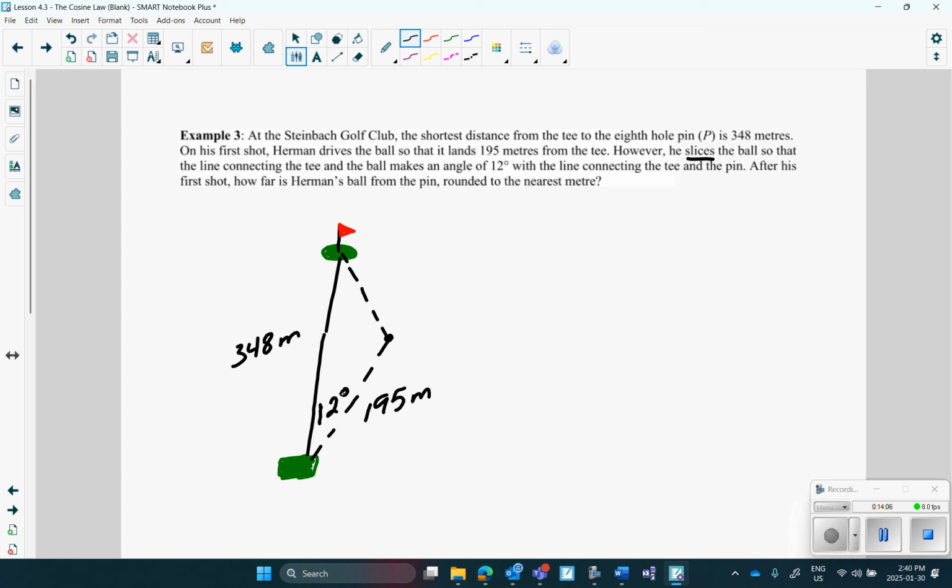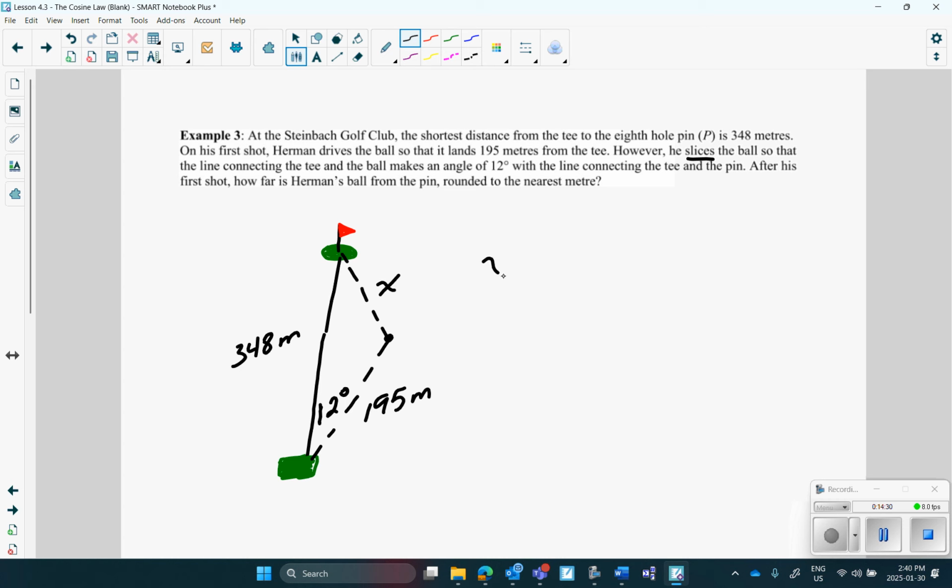We need to find how far he is from the green or the hole. So that's what we're trying to find. Well, cosine law or sine law? Cosine law, because we know two sides and the angle between them.